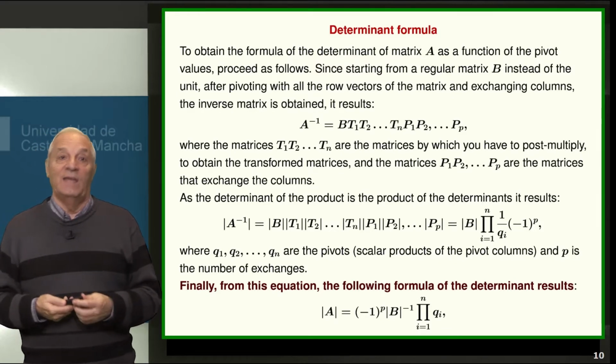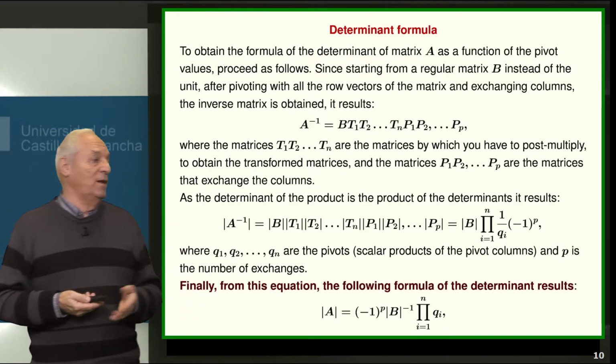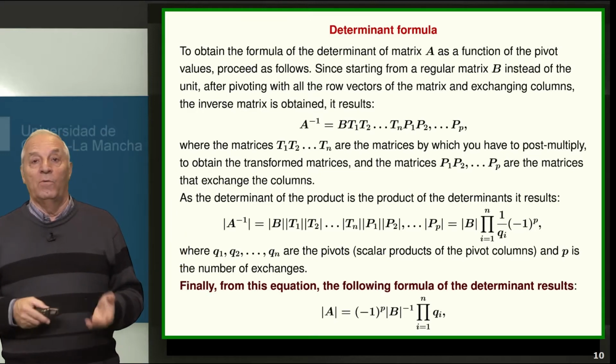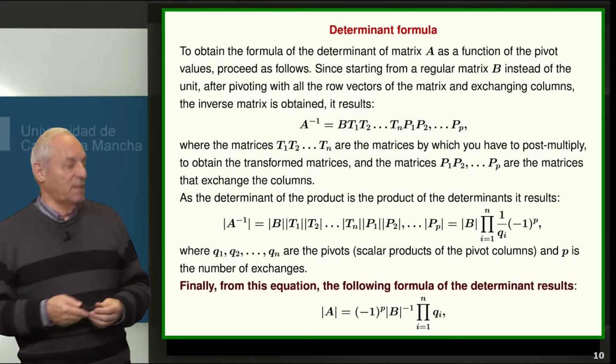Then, the determinant of the inverse of A is equal to the determinant of B times the product of the inverses of the pivots, times -1 raised to p.